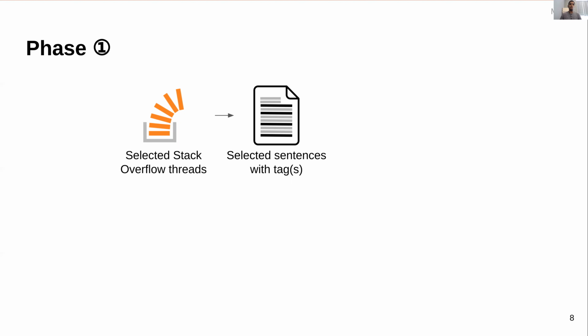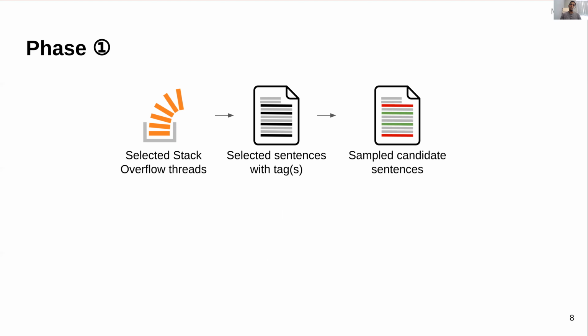Once we remove the sentences that do not contain any tags, we remove the sentences that only mention the question tags for a given thread. So the candidate sentences in these steps will be passed to phase 2, where we do manual evaluation.